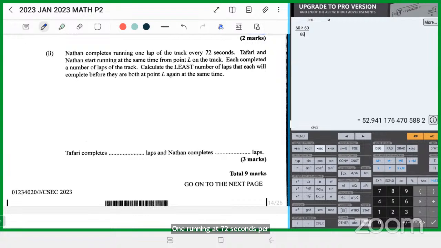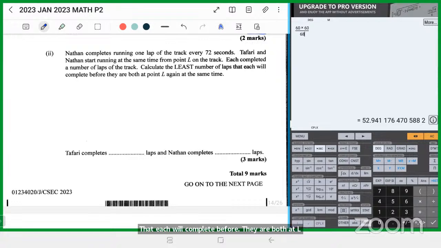So there's a 4 seconds difference right there, right off the bat. It says each complete a number of laps of the track. Calculate the least number of laps that each will complete before they are both at L again.